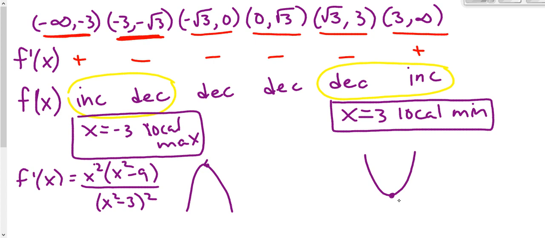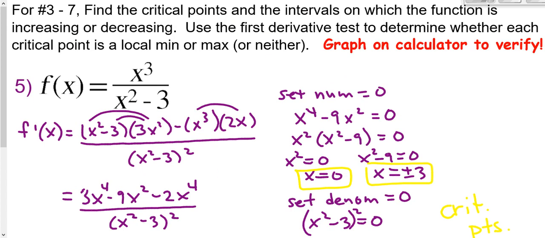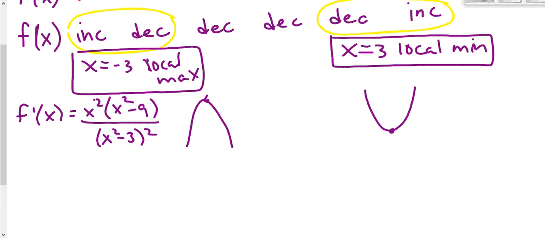And the problem also said that we should graph this on the calculator to verify. So I'm going to take a look at what this looks like on my calculator, and then I'll come back and make a sketch. Okay, so this function has a vertical asymptote at -√3, it's about 1.7, and +√3.